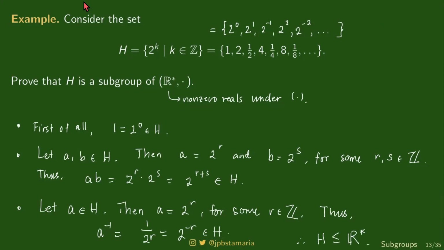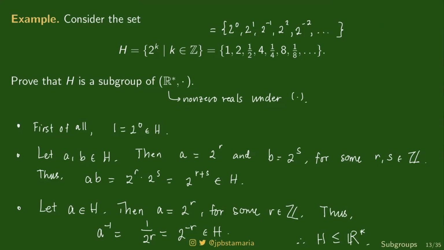So normally, how many steps do we need to take? How many steps did we have to perform para ma-prove na si H ay subgroup? In general, there are 3. That's why yung definition natin sometimes is called as the 3-step subgroup test.